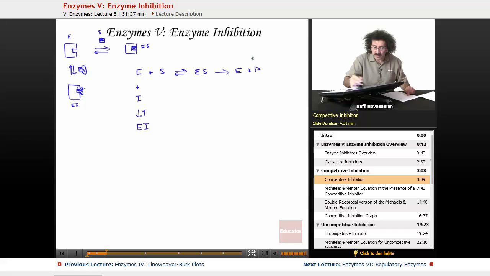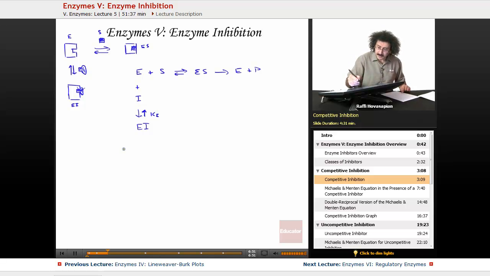So this is what it looks like in terms of E's and S's. Now, I'm going to introduce something called K sub I. I just want you to be aware of it. This K sub I is not a rate constant. This is an equilibrium constant.